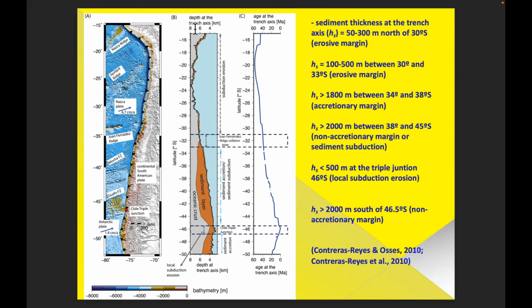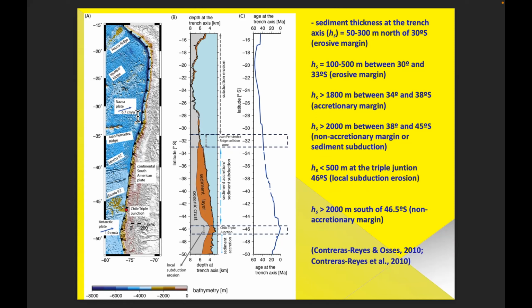This plot shows the sediment thickness at the trench axis and the age of the oceanic plate at the trench axis. And here is the Juan Fernandez Ridge, offshore Valparaiso.